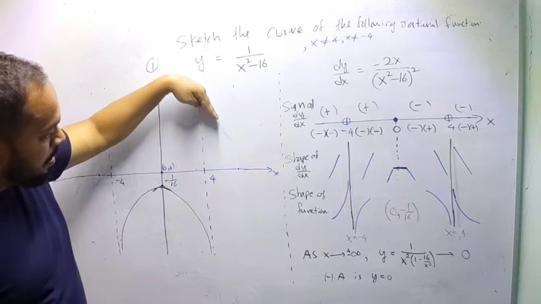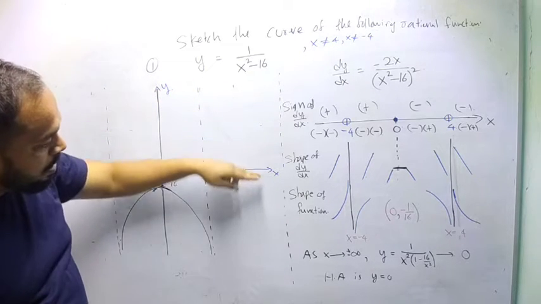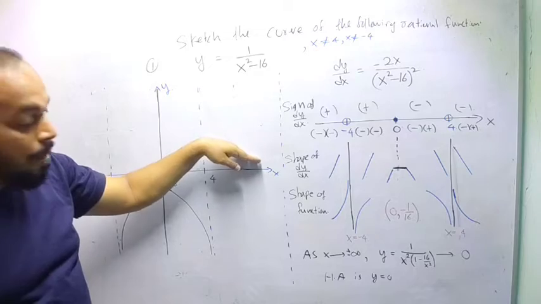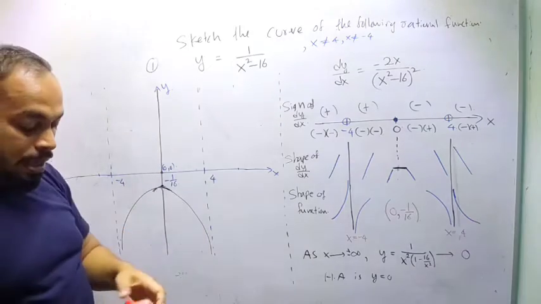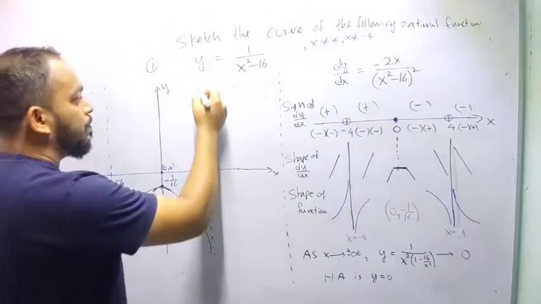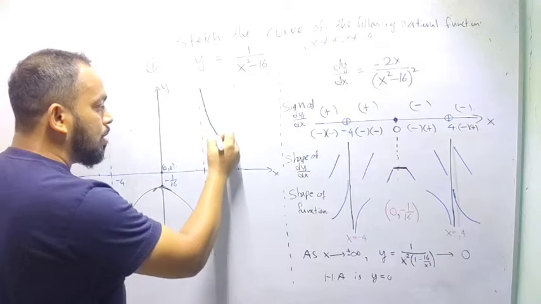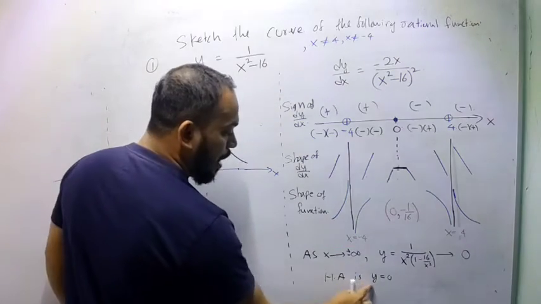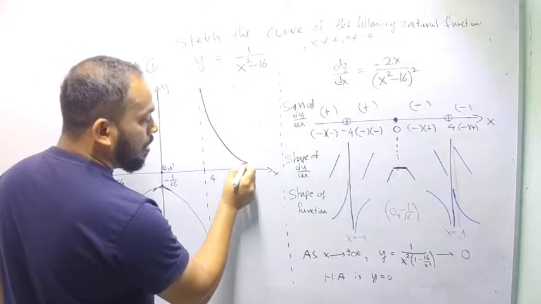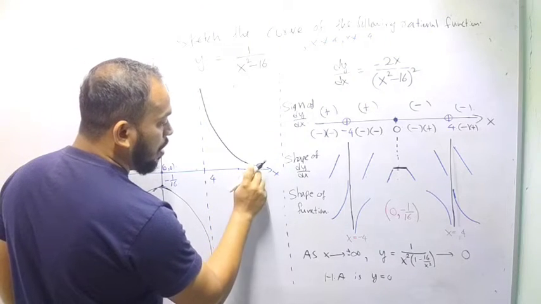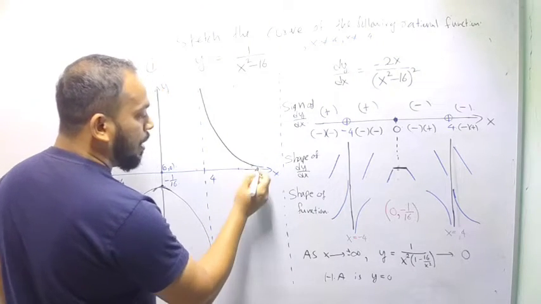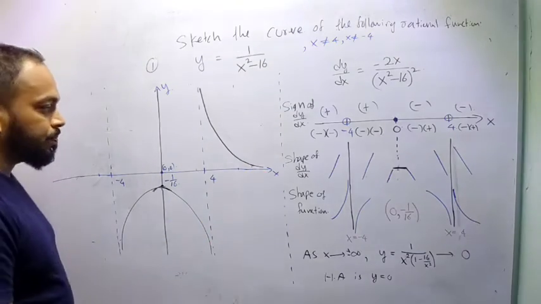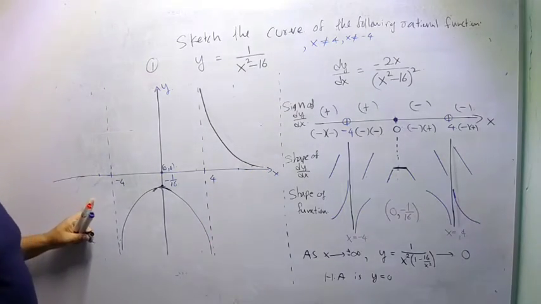It decreases up to this axis, and it will approach this axis and it will be an asymptote in this case. So we have this function decreasing up until y equals 0, and it would slowly approach y equals 0. So you cannot cut this x-axis.